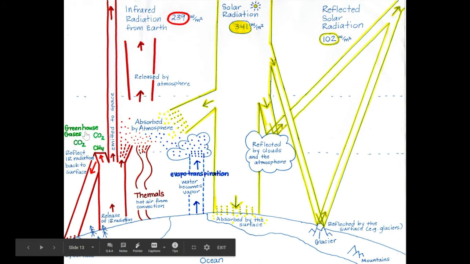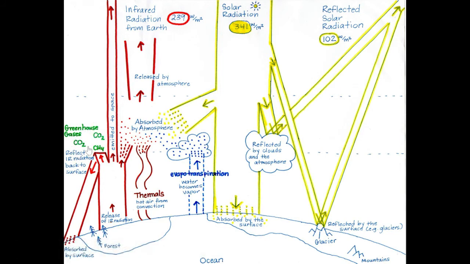This reflection is due to greenhouse gases in our atmosphere. That includes carbon dioxide and methane gas. This is important because if this radiation wasn't reflected back to Earth's surface, it would be emitted to space or absorbed by our atmosphere. And we would be losing more energy than we are gaining from solar radiation.